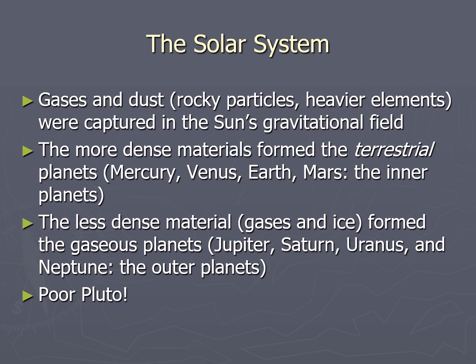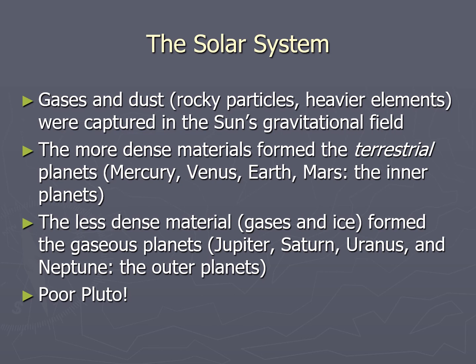So the more dense materials form the terrestrial planets, also referred to as the inner planets: Mercury, Venus, the Earth, Mars, and also the asteroid belt, which is in between Mars and Jupiter. And then your less dense materials, gases and frozen gases, form the outer planets: Jupiter, Saturn, Uranus, and Neptune.